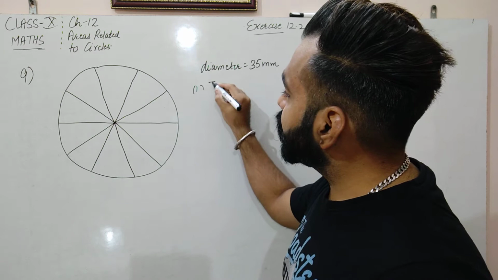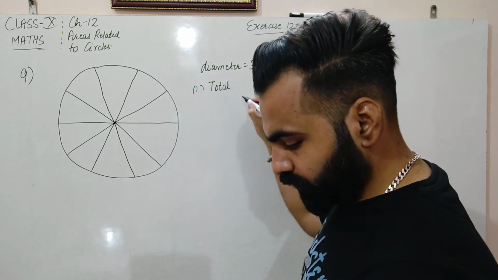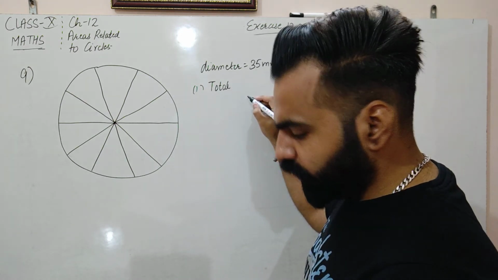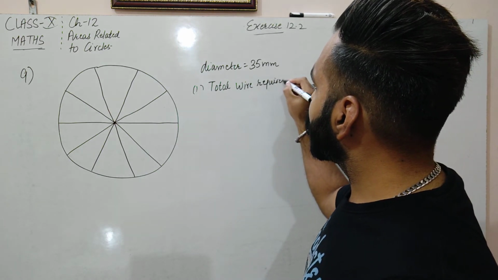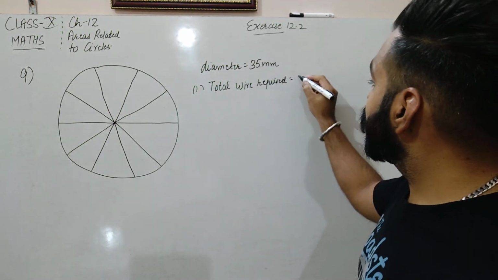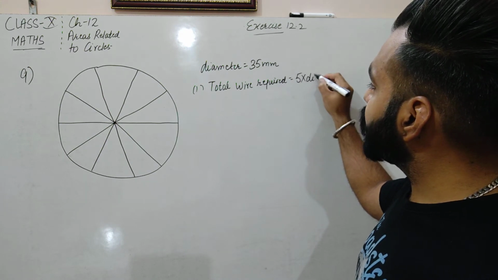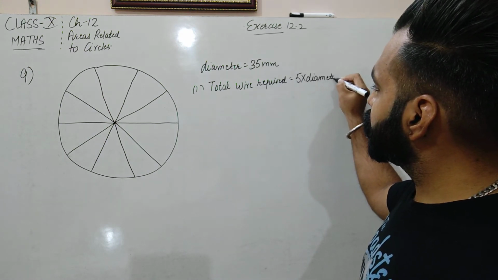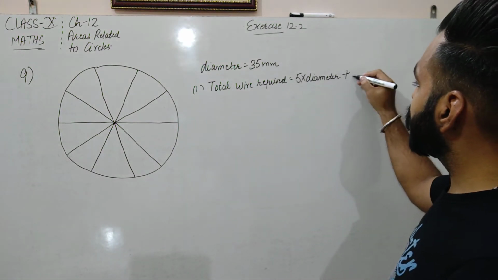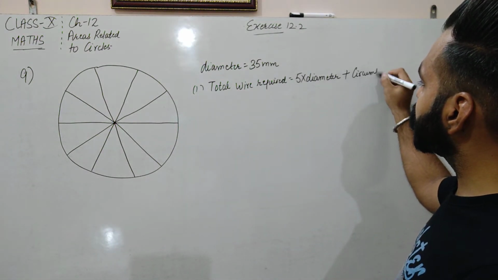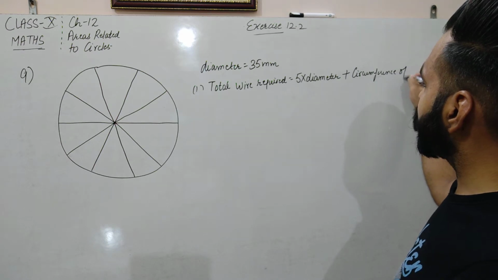So in the first part, total wire required will be equal to 5 into diameter, because there are total 5 diameters, plus circumference of circle.